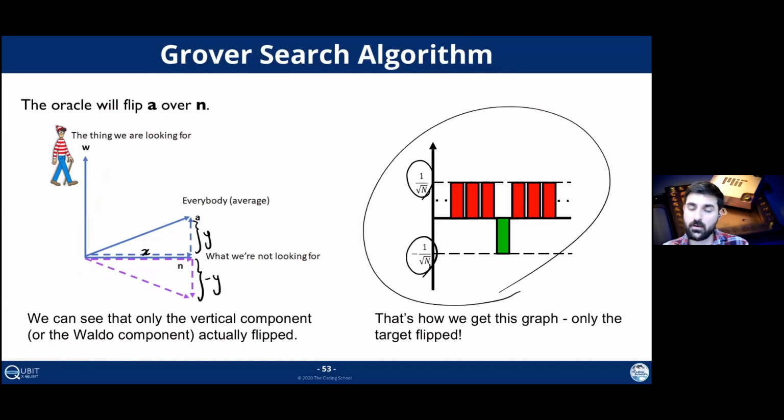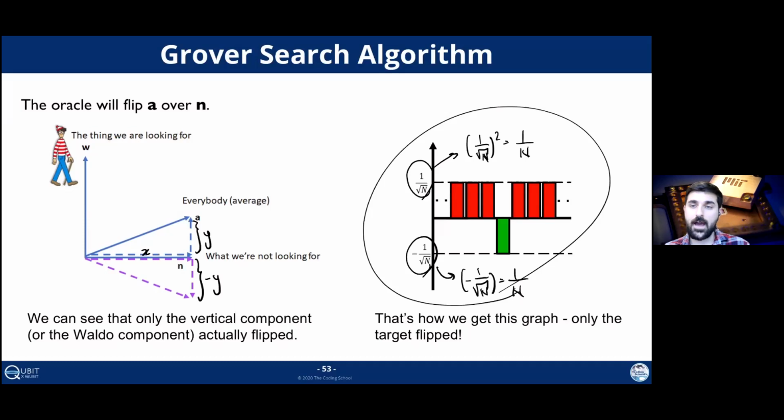Now, if I square 1 divided by square root of n, that is just 1 divided by n. And if I square minus 1 divided by square root of n, that is also 1 divided by n.